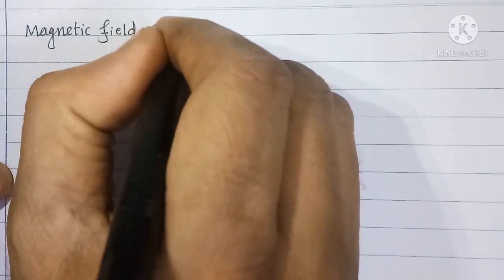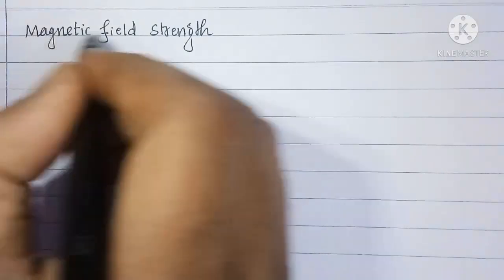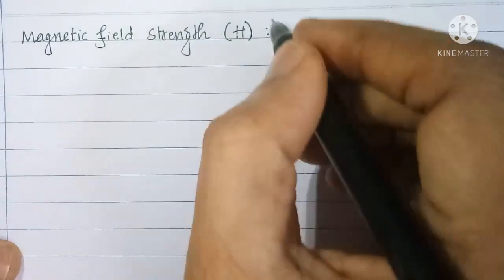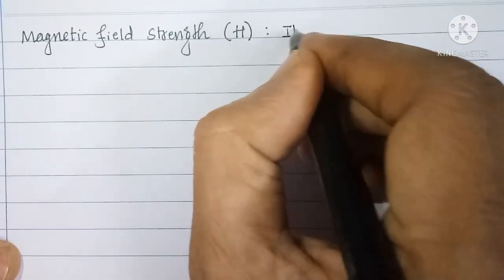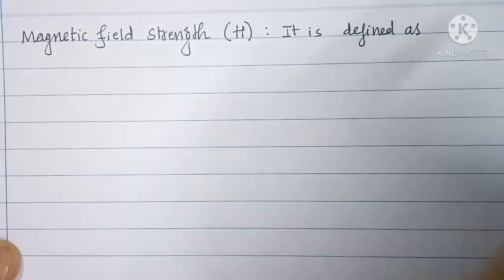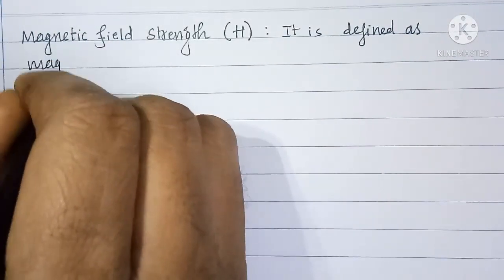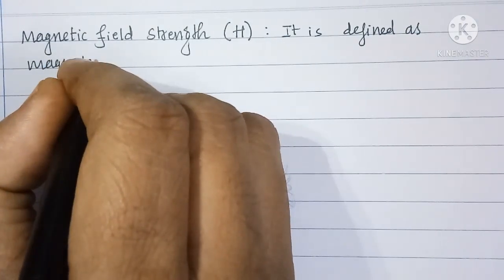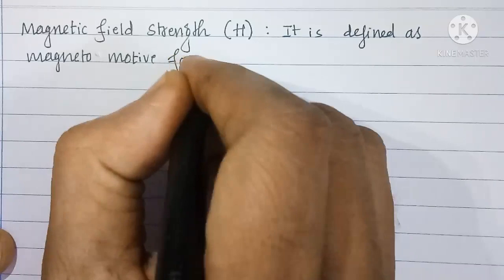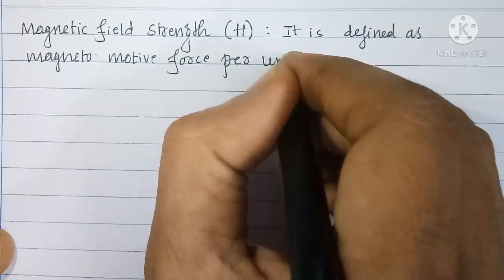Next definition is of magnetic field strength H. It is defined as magnetomotive force per unit length.